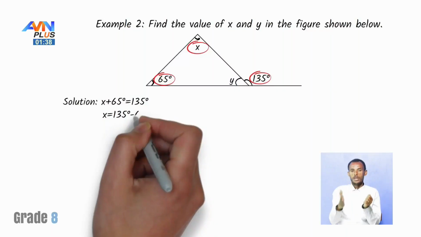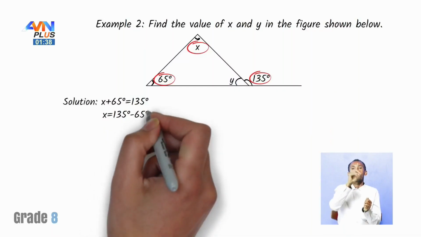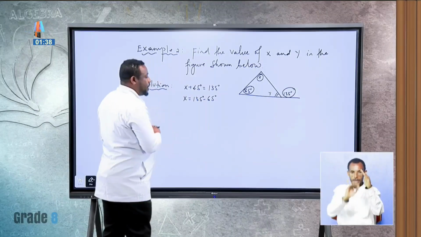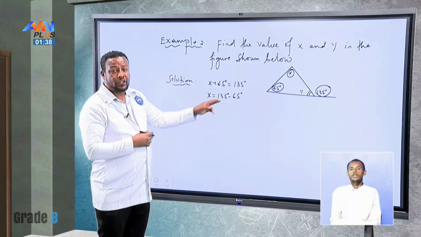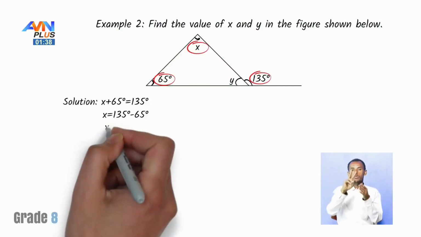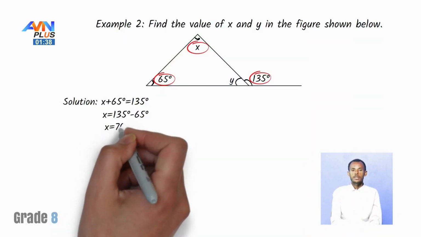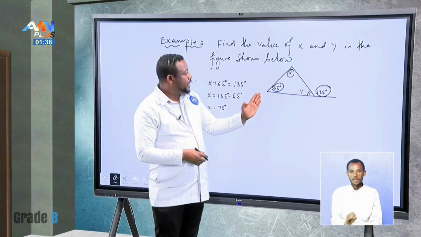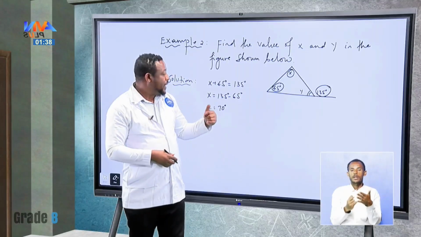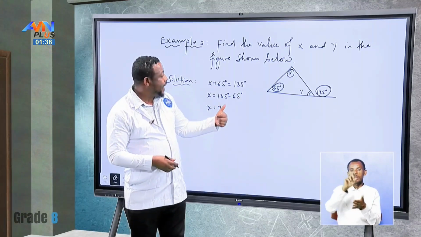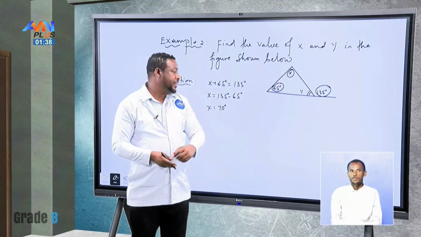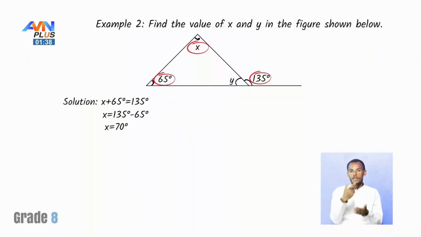Then x becomes 135 degrees minus 65 degrees. The difference of these two numbers is 70. So x is 70, right? This is the value of x.